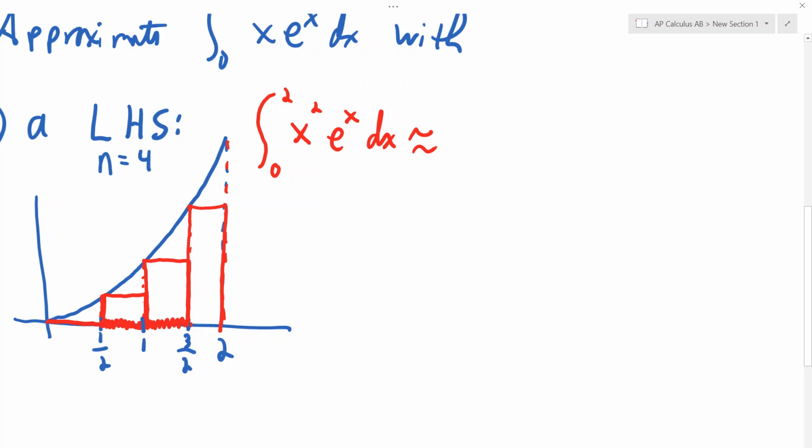The base of my first rectangle is 1/2, and I'm going to multiply it by the y value at 0, which is f of 0. It happens to be 0 in this case, but it doesn't matter. Everybody with me? My next rectangle has a base of 1/2 and a height of the y value at 1/2.